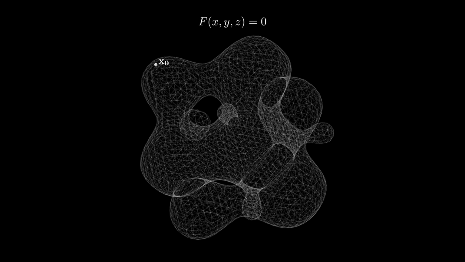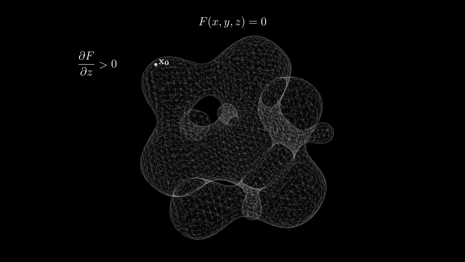And let's suppose that at this point the partial derivative of big F with respect to z is different from 0. In particular, let's assume that it's greater than 0, which means that it's a positive value. So what does this mean?